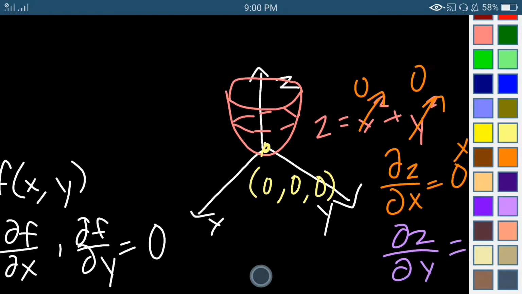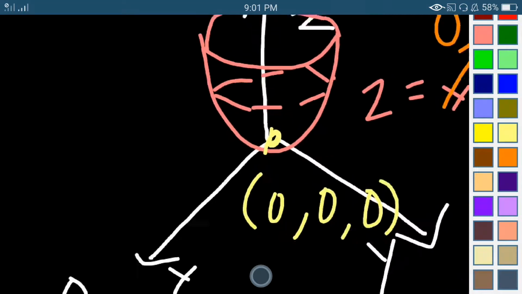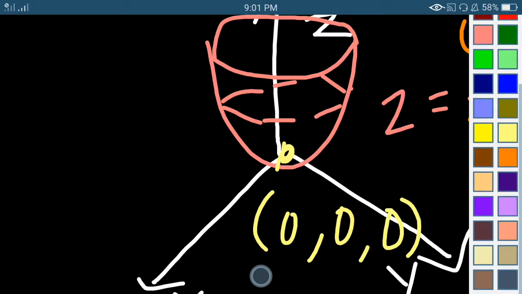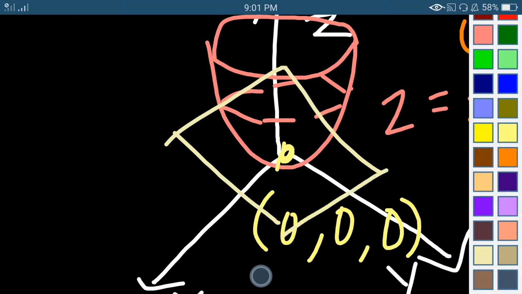Now how do we determine if it's a minimum or a maximum? Here in this graph, it's easy to tell that it's a minimum. But what if we don't have visual input?